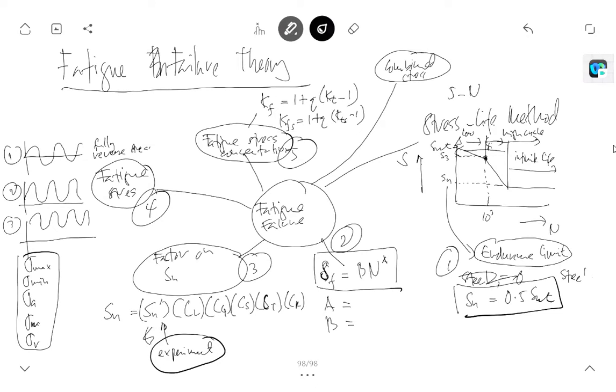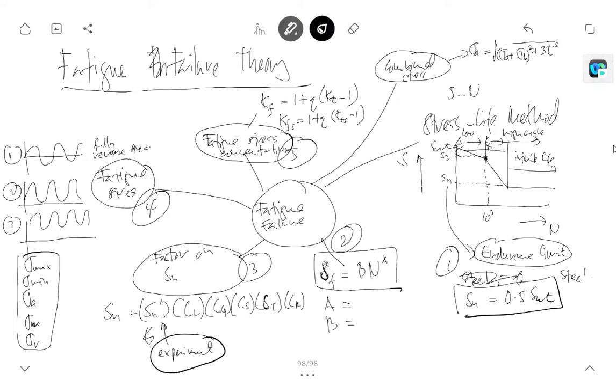There are two types of combination. One is for the alternating bending stress, where we use distortion energy theory: sigma A axial plus sigma bending, squared, plus 3 times tau torsion.